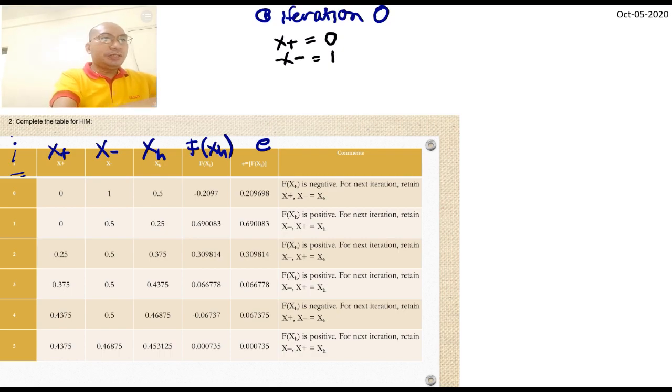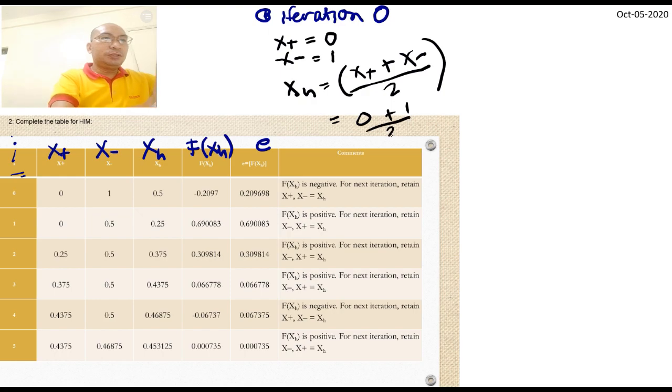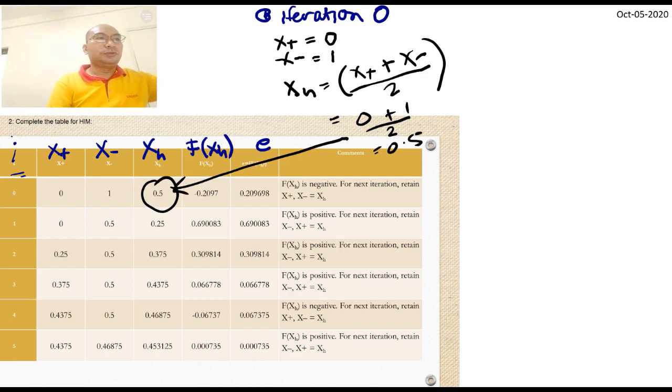And according to our equation, the value of x sub h is equal to x plus and x minus divided by 2, because this is half interval. H means half. So that means 0 plus 1 divided by 2, that is equal to 0.5.